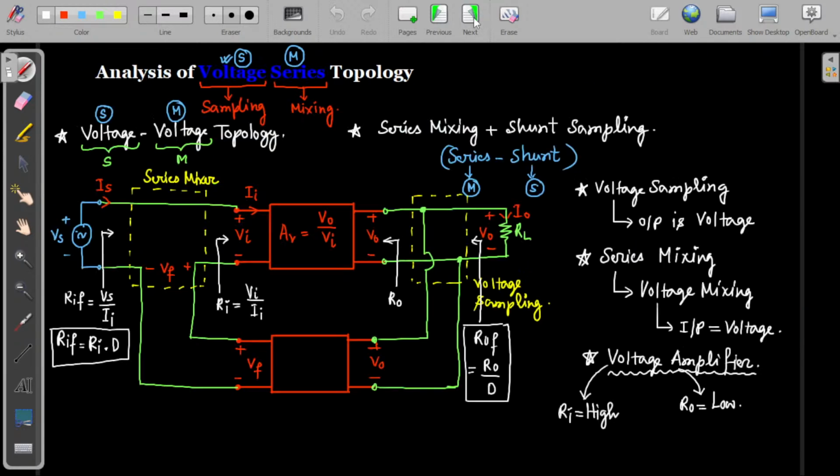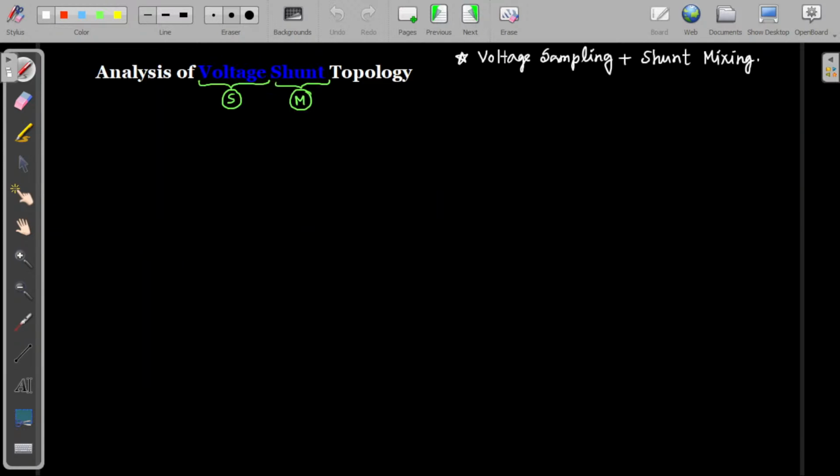So shunt mixing means current mixing. That's why it is also called voltage current feedback topology.